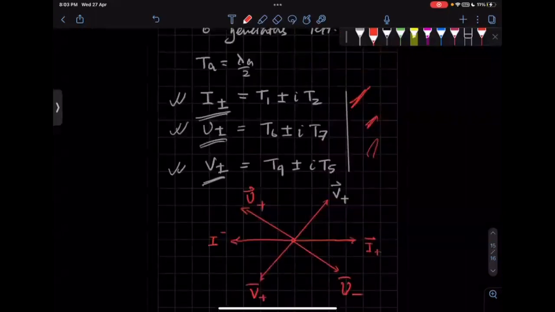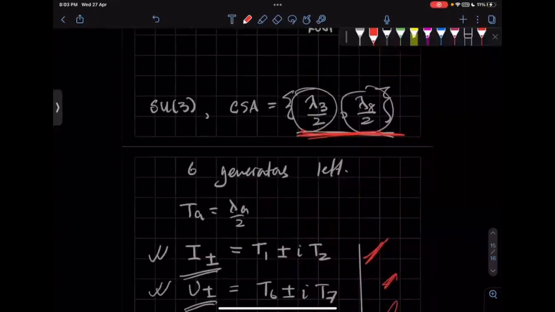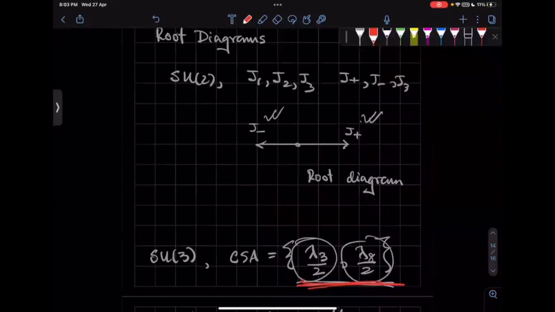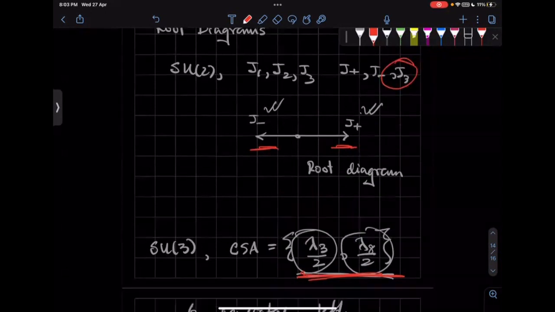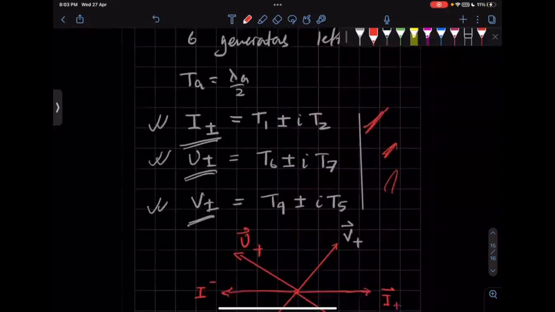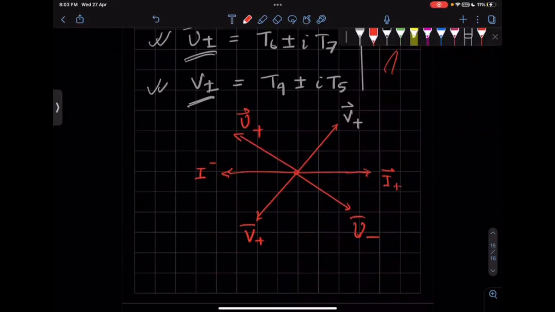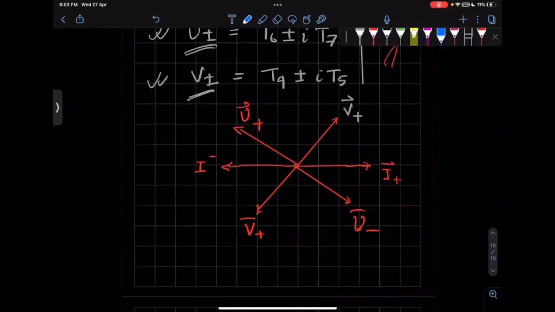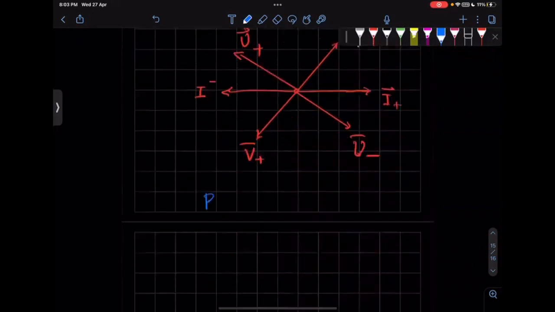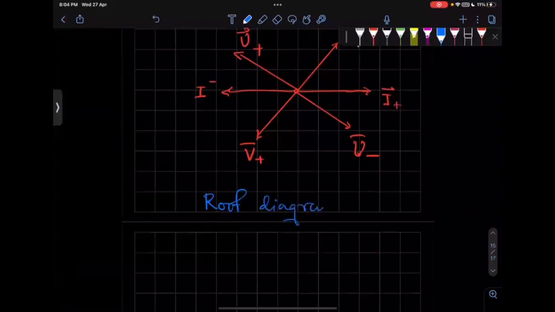Just as in the case of SU2, J plus and J minus were changing the J3 value of whatever state they were acting on, okay? So here we have a two-dimensional version of this. And this is a hexagon. So this is the root diagram for SU3.